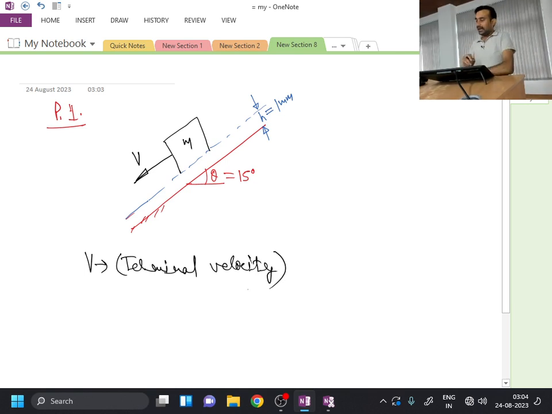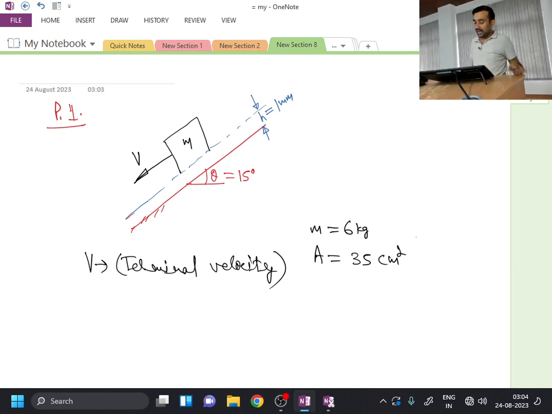The other given conditions are that the mass of the solid block is 6 kg and the area in contact with the liquid is 35 centimeter square.